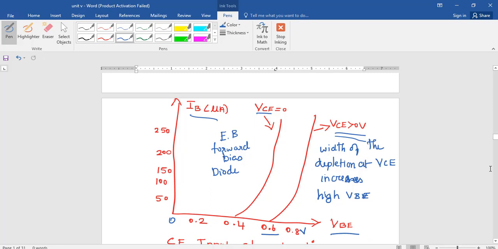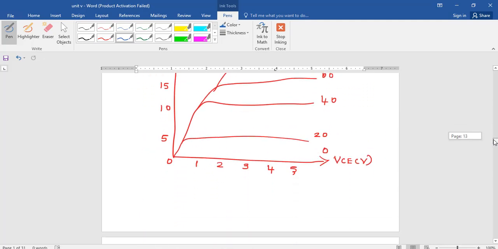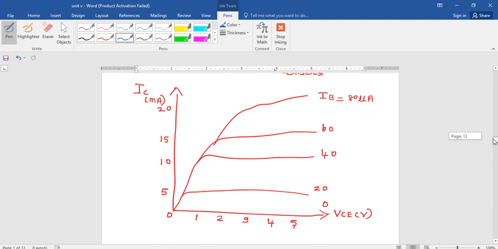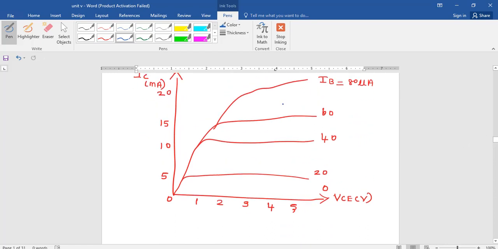Next one is output characteristics. This is your output characteristics. Here it is having three regions. One is cutoff region.